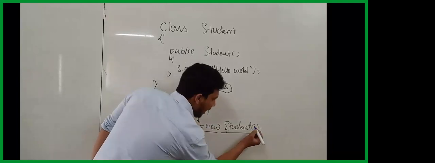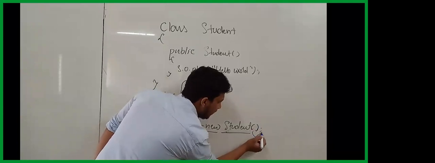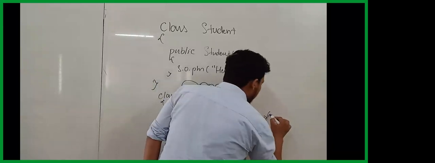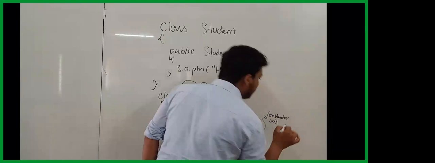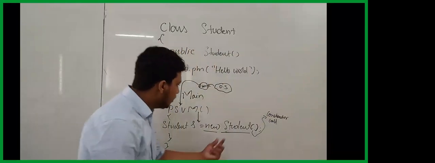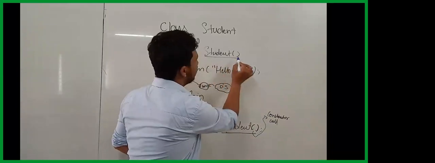While creating the object with new Student, I'm giving open and close braces. Remember I told you that in future I'll discuss this. This is nothing but the constructor call. New Student, open and close; Student, open and close. Both are matching.